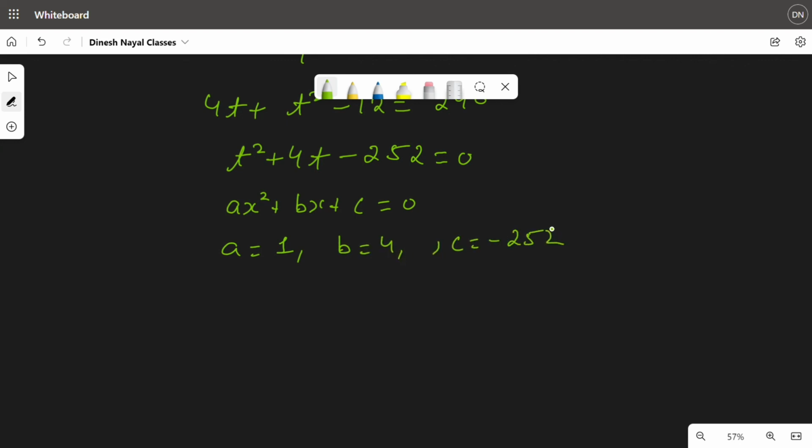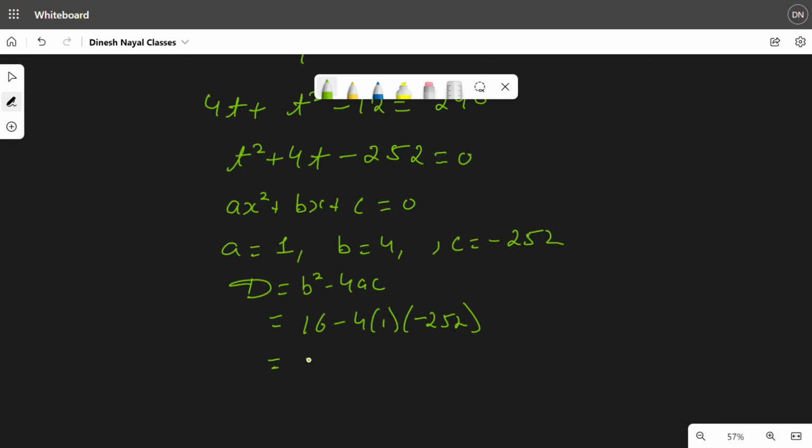Now we are finding the discriminant. The discriminant d will be b square minus 4ac. So b square is 16 minus 4 into a, which is minus 252.